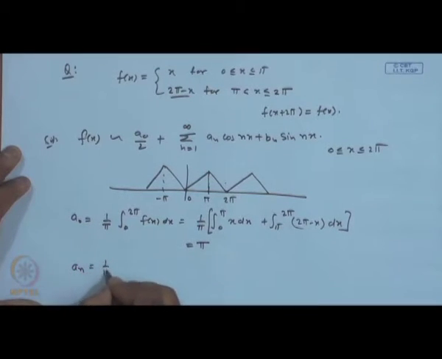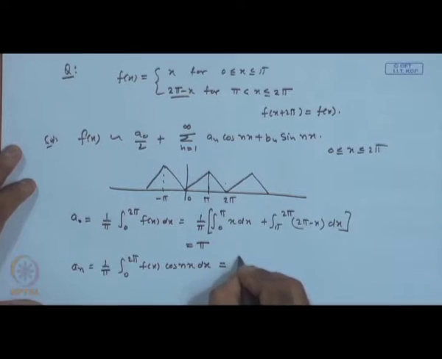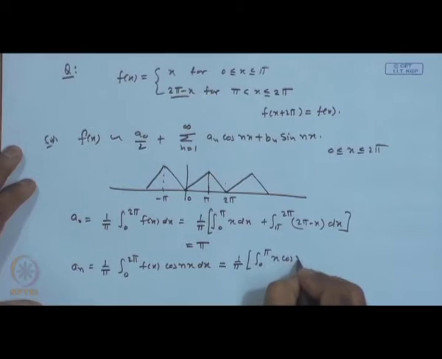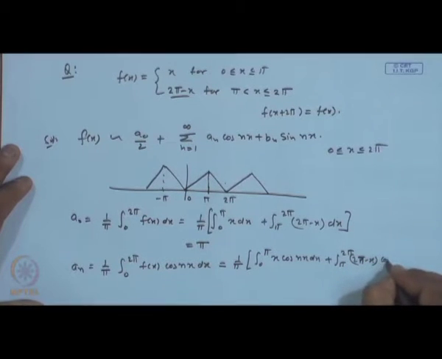a_n is 1 over pi times the integral from 0 to 2 pi of f(x) cos nx dx, and again we can break it into the two intervals: 0 to pi of x cos nx dx plus pi to 2 pi of (2 pi minus x) cos nx dx.